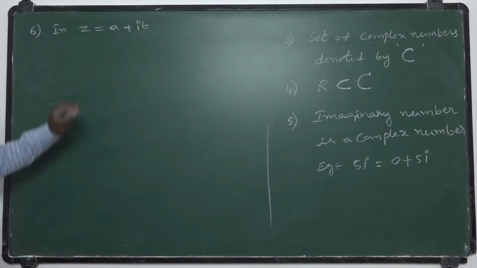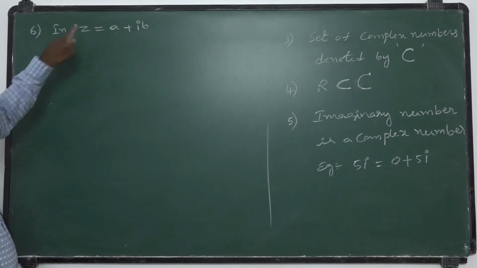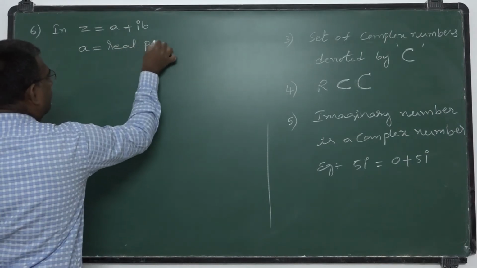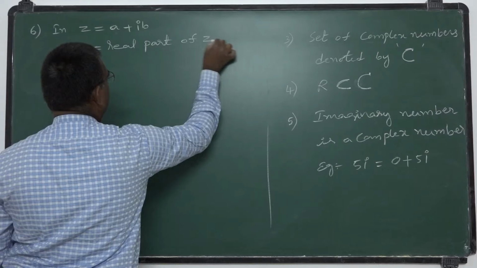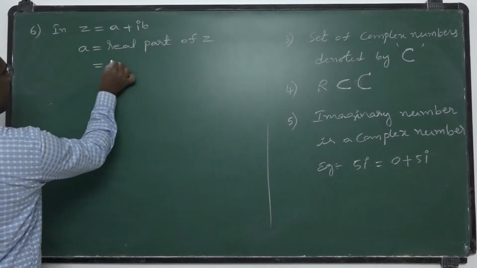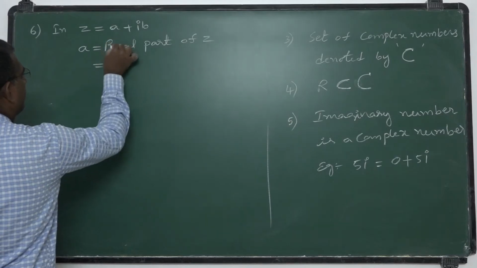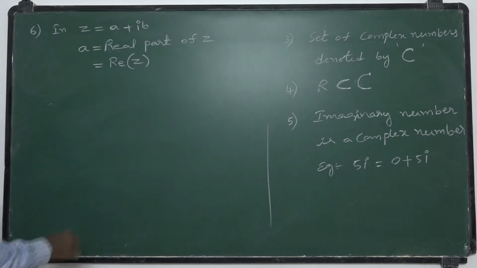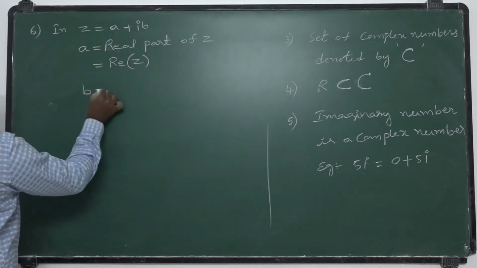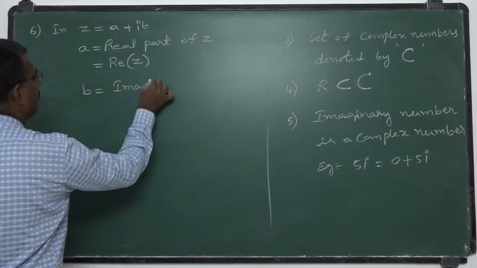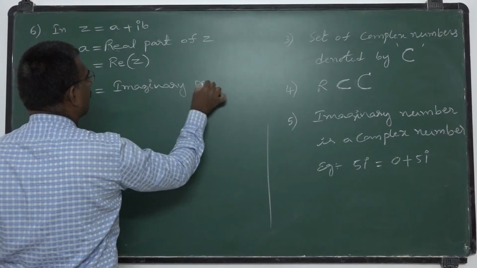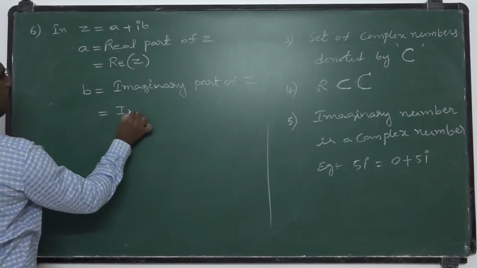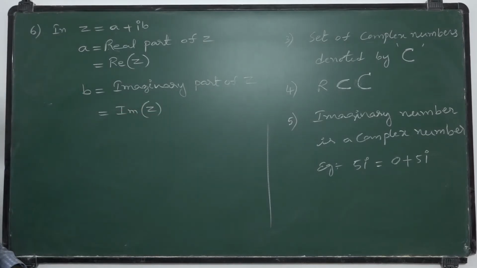In this complex number, a is called the real part of Z, denoted by Re of Z. b is called the imaginary part of Z, denoted by Im of Z. Very simple.